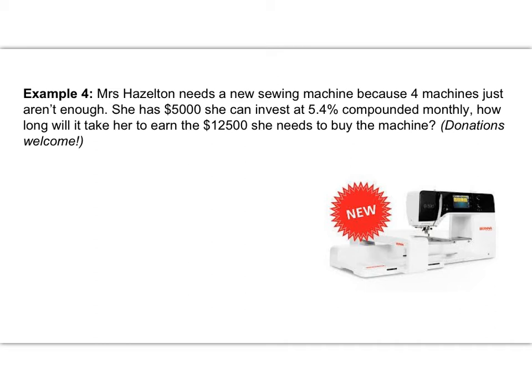So I want to end up with $12,500. I only have $5,000 to start with. My rate is 0.054, and that's compounded monthly. And so monthly compounds are 12 times, and that gets multiplied by the time as well.